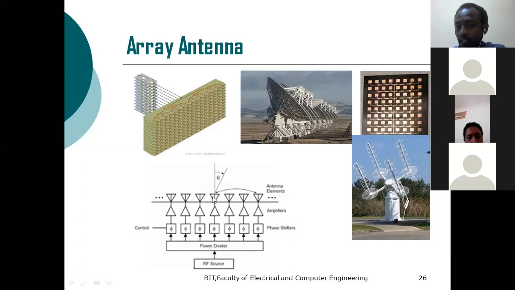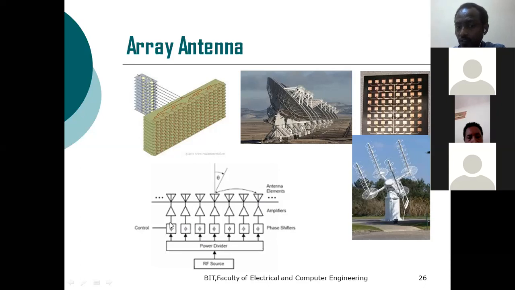These are the radiating elements. At the back, we have the controller. It controls the signal strength, that means the amplitude. It controls the phase, excitation phase. We have here RF source. We have the power divider.